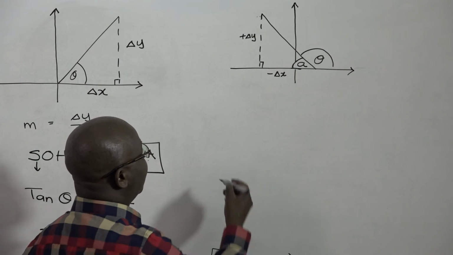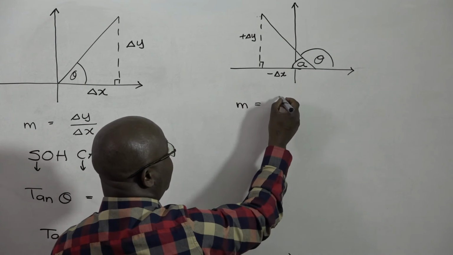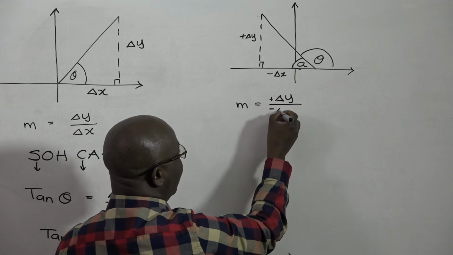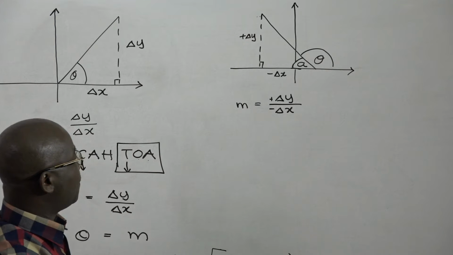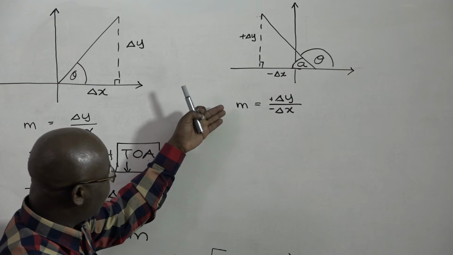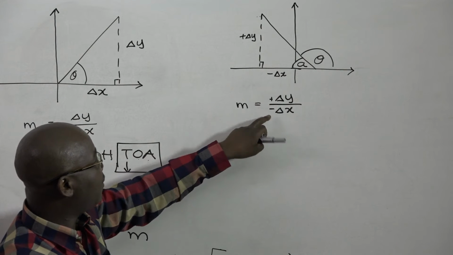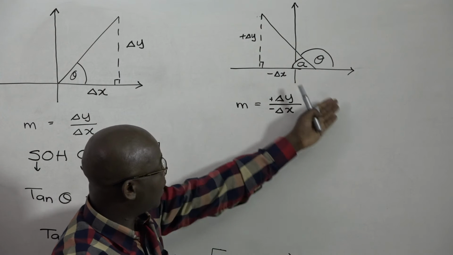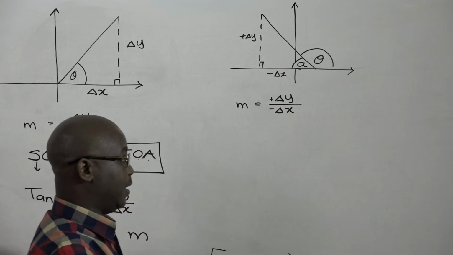Therefore, I can then say the gradient of this line is change in y, which is positive, over the negative change in x. That becomes our gradient, which means our gradient is going to be negative, because a positive divided by a negative becomes a negative. And you can see that our line slants downwards, so it should agree with what I've just written there.